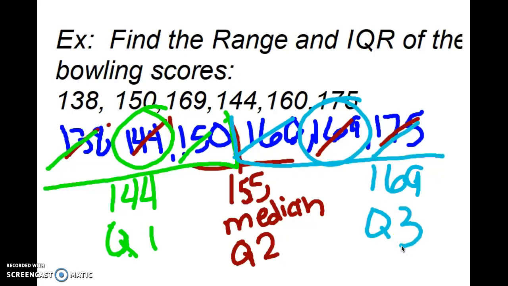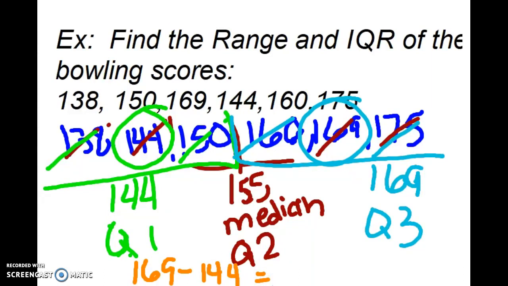So now at this point, in order to find my interquartile range, I'm going to take my quartile 3 right here, and then I'm going to subtract my quartile 1. So 169 subtract my 144.